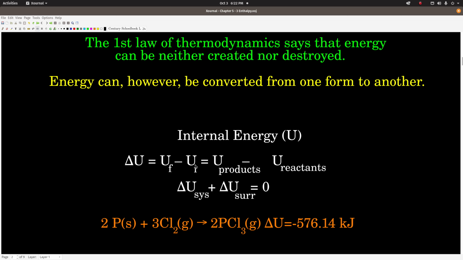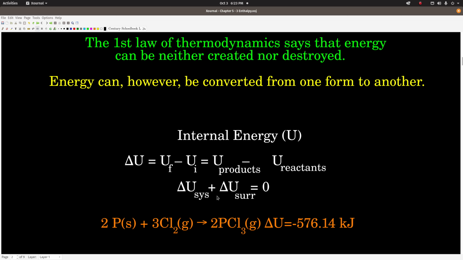We cannot measure the internal energy directly, but we can measure the change in internal energy. And because of the law of conservation of energy, we know that the total change in internal energy has to be zero. That means that the change in internal energy of the system plus the change in internal energy of the surroundings has to be equal to zero.